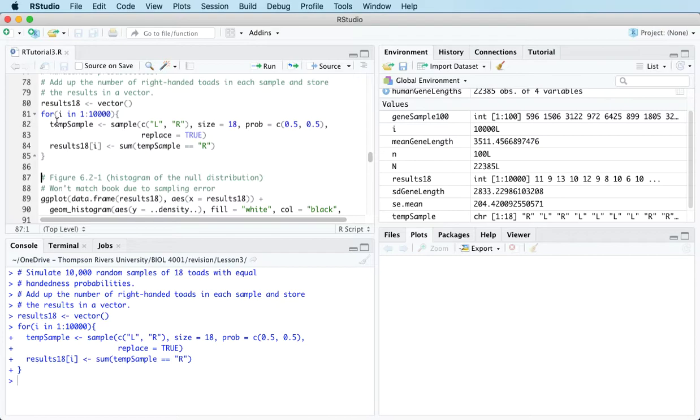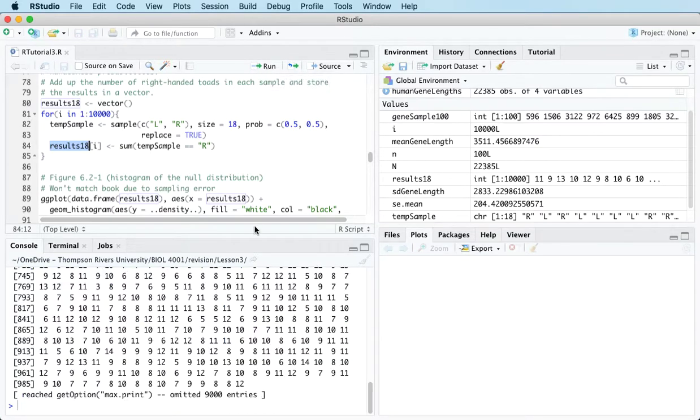Okay, so for example, I'll just show you one sample. We've got first toad right-handed, second toad left, right, left, left, left, and so on. Okay, so we've got 10,000 of those.